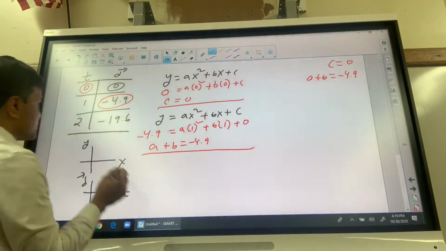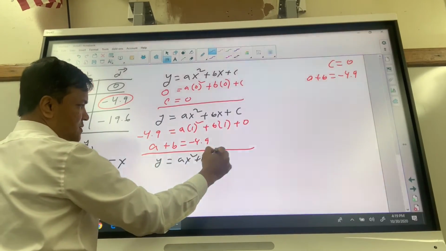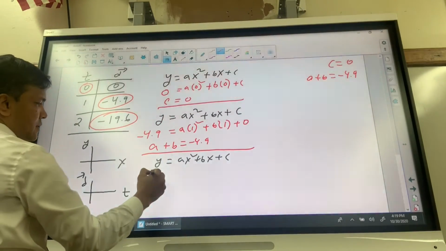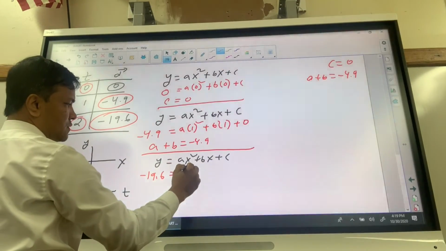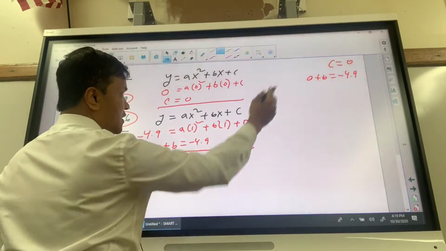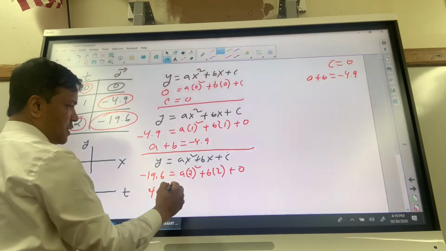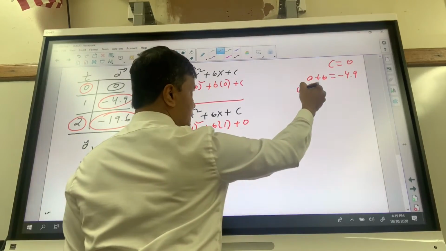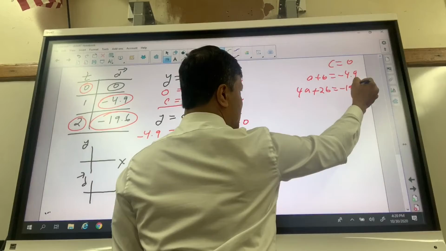We're going to keep doing because we have one more point. y is equal to ax squared plus bx plus c. This time our y is negative 19.6 and our x is 2, and c is, we already know that, 0. So you have 4a plus 2b is equal to negative 19.6. So we're going to write it 4a plus 2b is equal to negative 19.6.